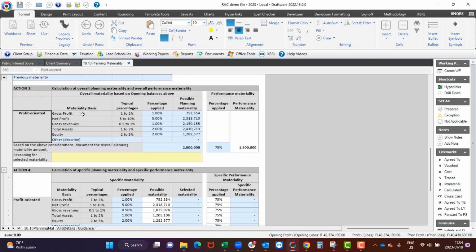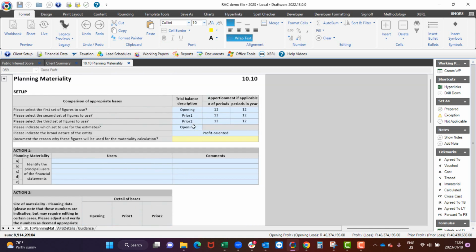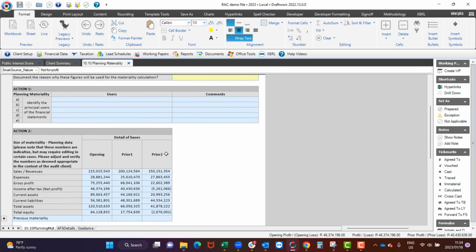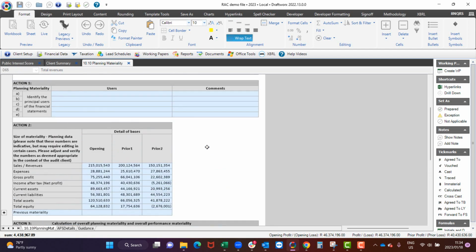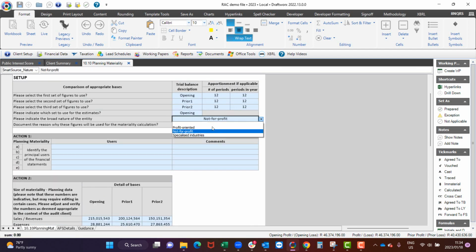So profit orientated will give us these possible planning materiality bases, and a non-profit company or organization will give us total revenue and total expenses, for example. Okay, so very important to make this decision in the setup section.